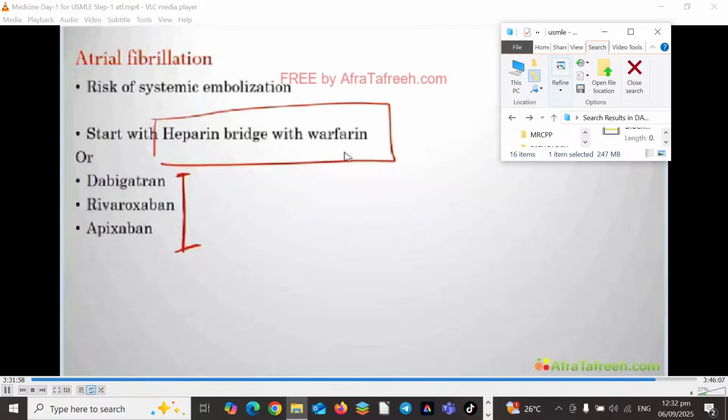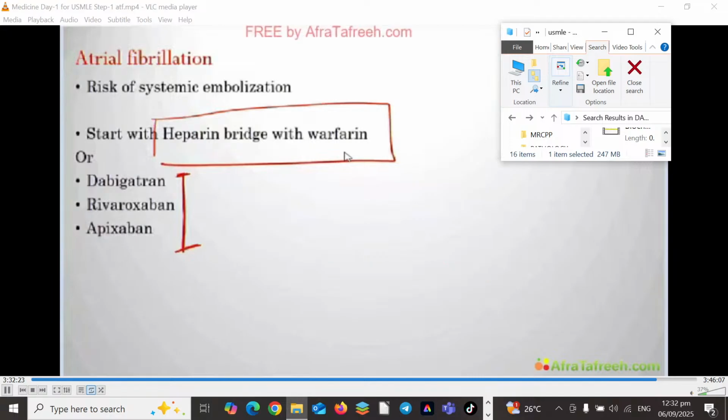Any better answers? Do you know how warfarin acts? Yes, so it acts via stopping the vitamin K carboxylation, right? It acts on both.